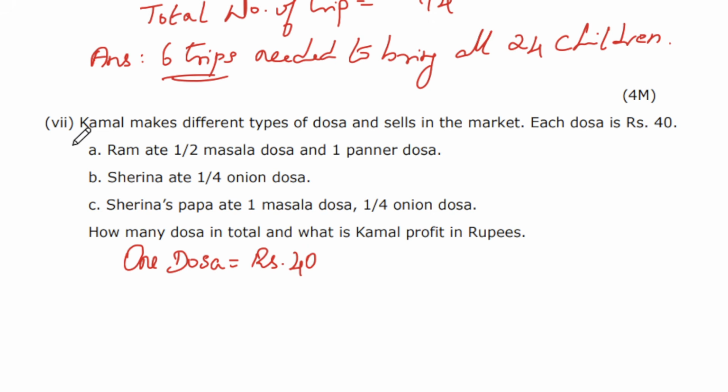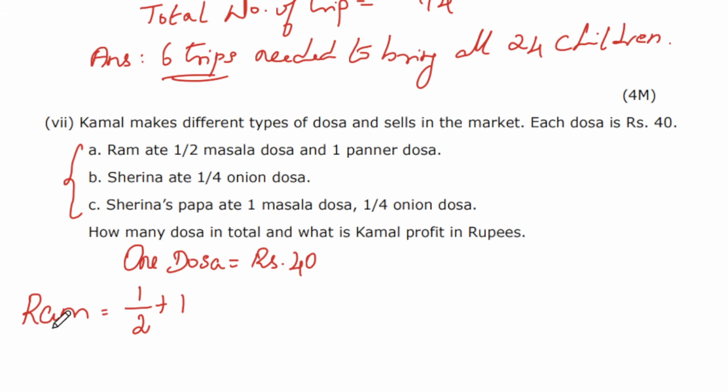Okay, here we have a list. First, Ram ate half masala dosa and one paneer dosa. So we can make a note of it. So Ram ate half masala dosa plus one paneer dosa. Next, Sharina ate quarter onion dosa.